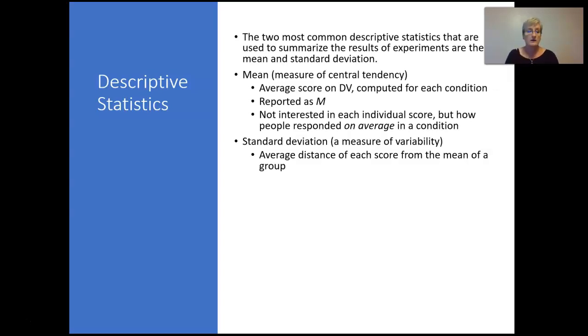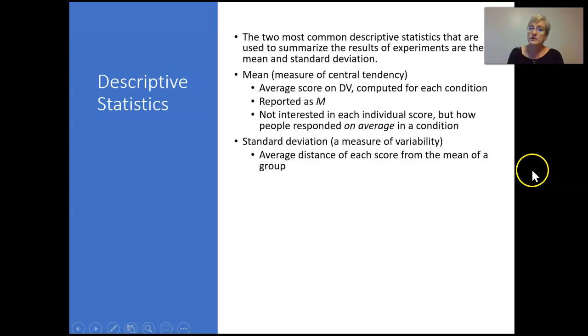If, however, you have a wide spread of scores, some people scoring really high, and some people scoring really low, with a pile in the middle, then you've got more variability in the scores. Standard deviation is a measure that calculates the average distance of the score from the mean.